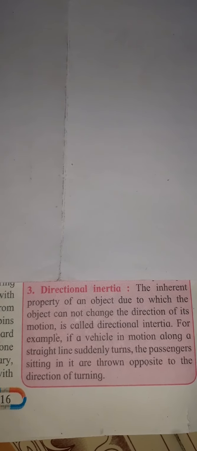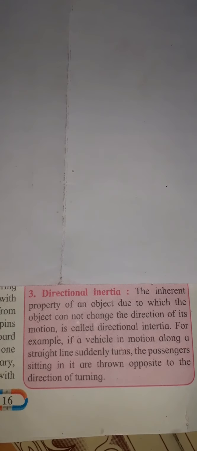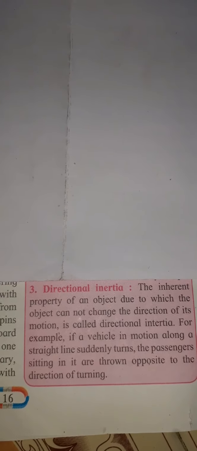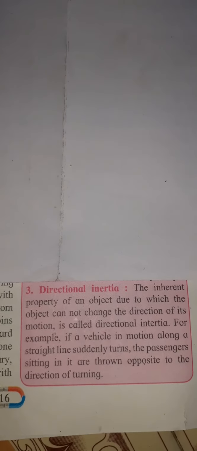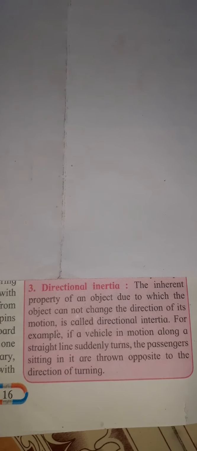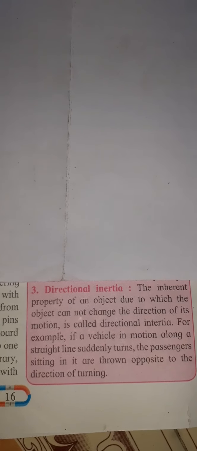Why does this happen? Because when the vehicle is moving in a straight direction, it has inertia of motion, and when the direction suddenly changes, it takes time for the moving object to adapt to the new direction, and so we tend to bend.